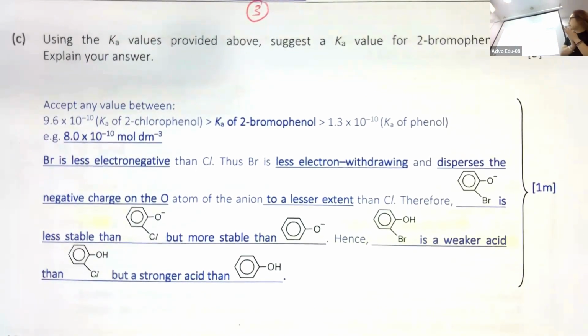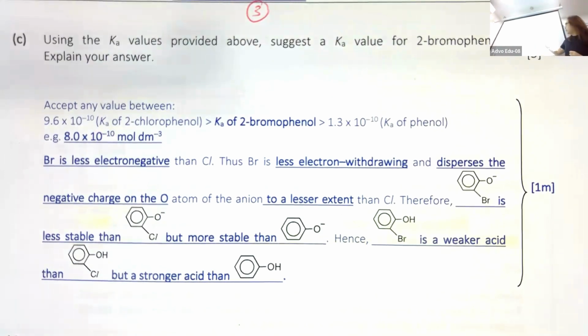Like what I mentioned, over here, we always compare the conjugate base itself. First, we compare 2-bromo, this one here, to this. Whenever we compare, we look out for the difference. So the difference between these and these is the presence of Br. Br is electronegative, which makes it electron withdrawing.